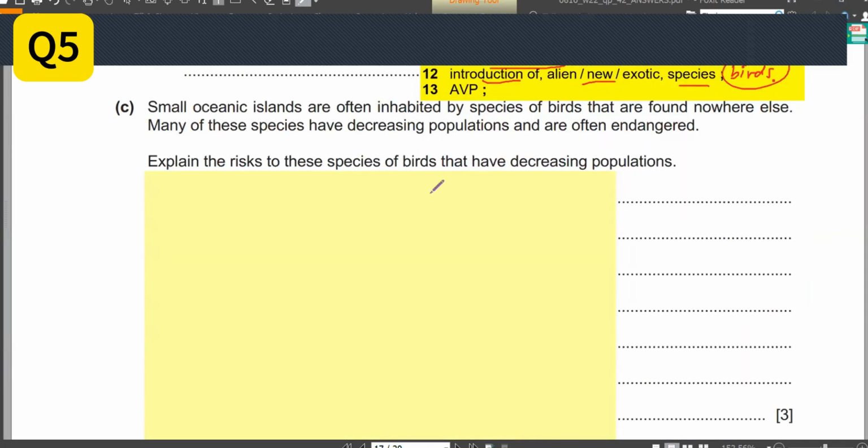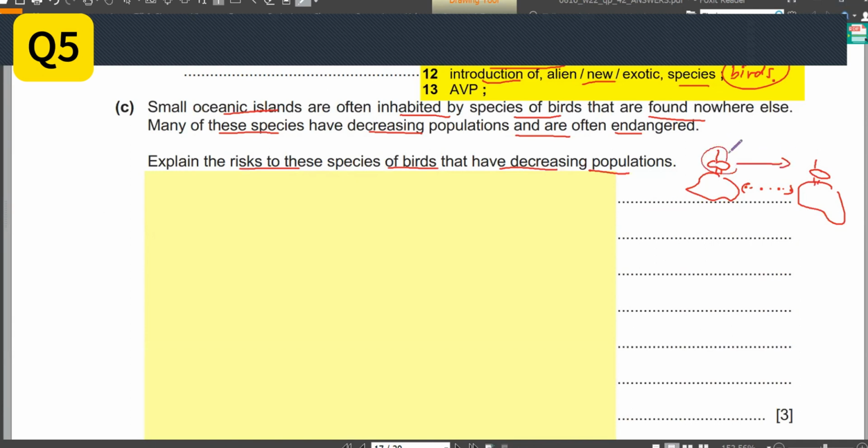Okay, next. Small oceanic islands are often inhabited by species of birds that are found nowhere else. Many of these species have decreasing populations and are often endangered. Explain the risk to these species of birds that have decreasing populations. So we have small islands, and the distance may be very far. It may be impossible for the birds to fly to another island.